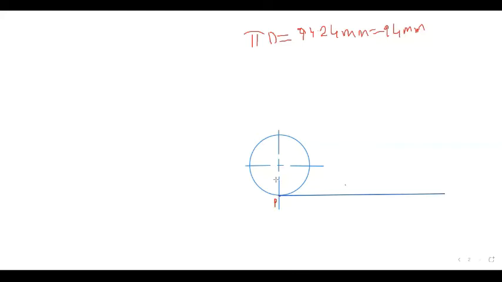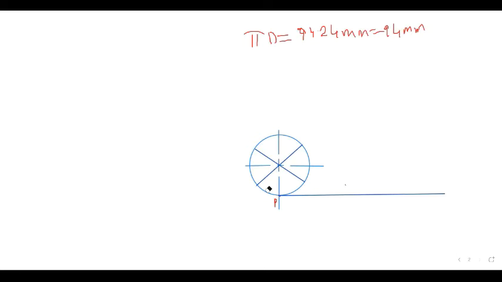So each angle will be 45 degrees. So we draw the lines, meaning the angle will be 45 degrees.